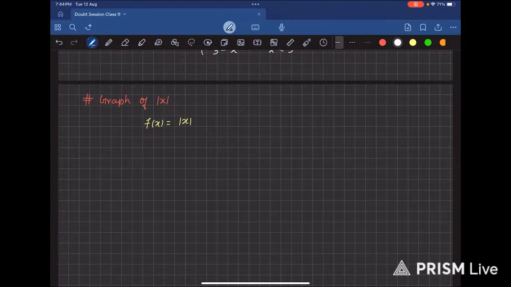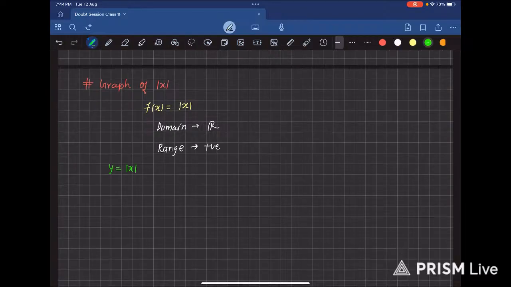So f x is equal to mod x. Its domain can take all real numbers, so I'm taking here R. So y is equal to mod x.